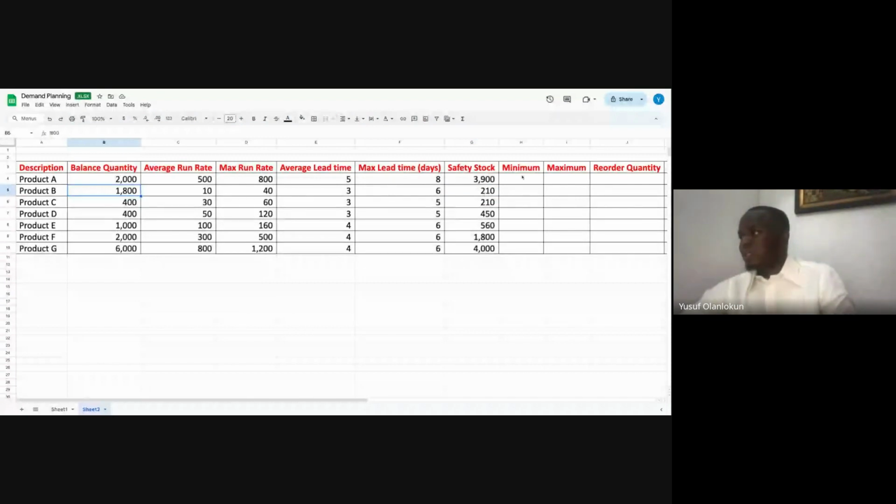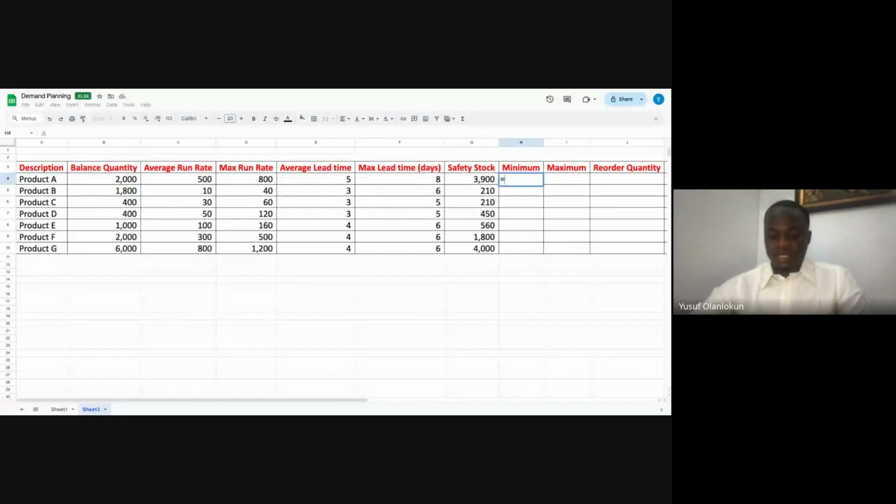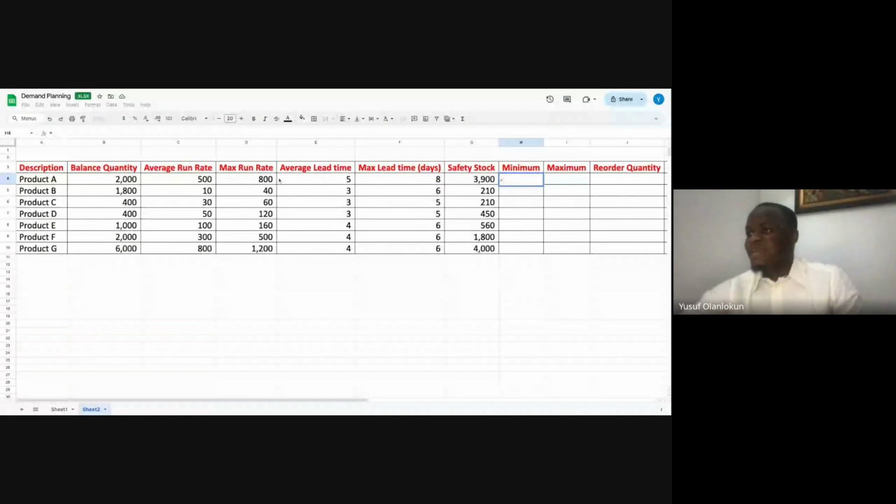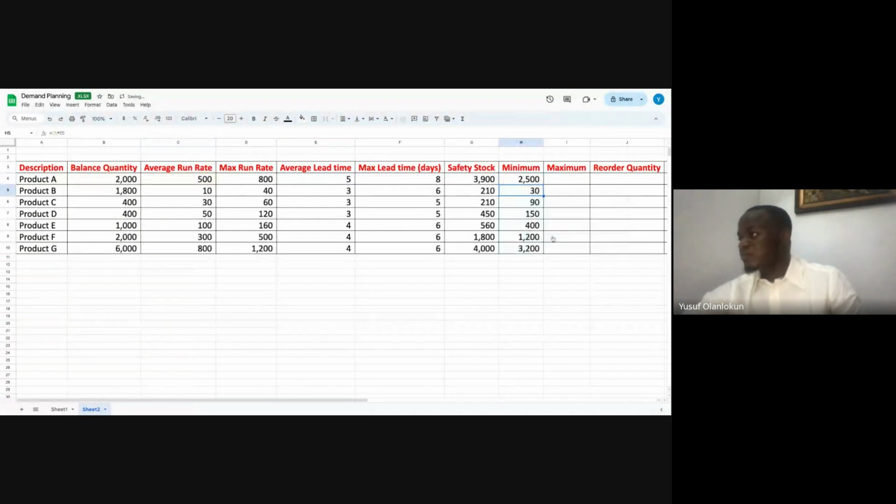Let's go to the next one, which is minimum. From the formula, minimum is average lead time multiplied by average run rate, and maximum is maximum lead time multiplied by maximum run rate.